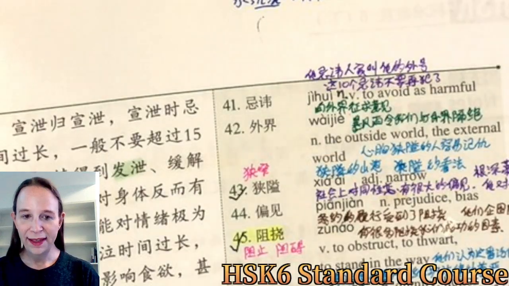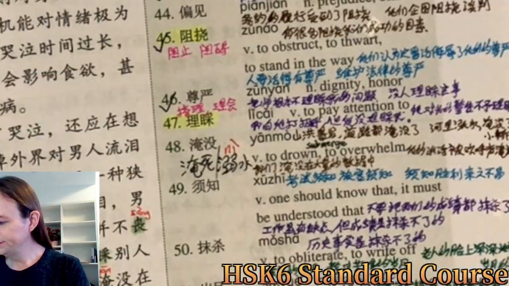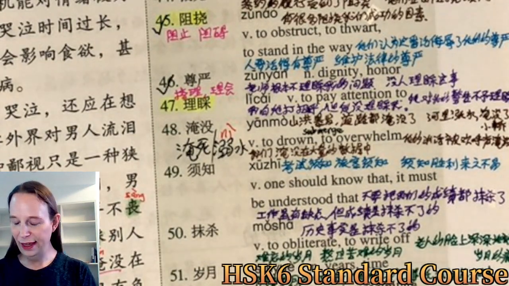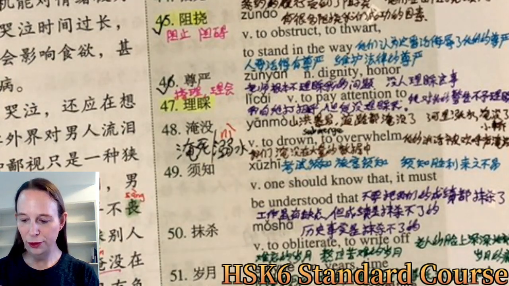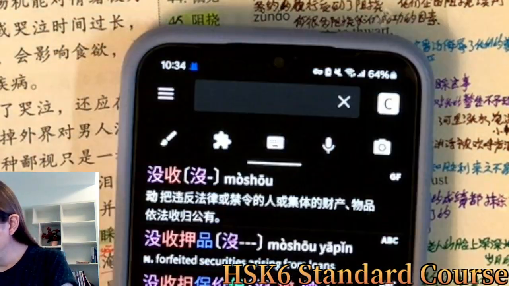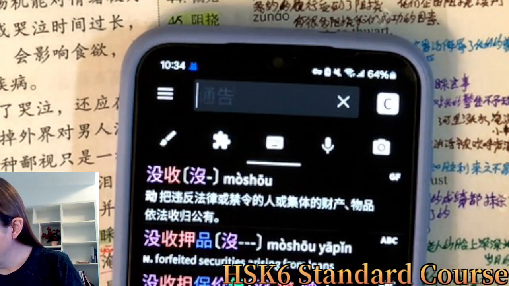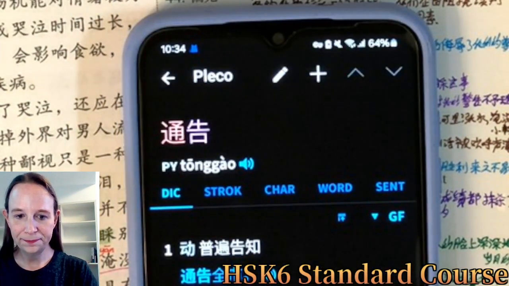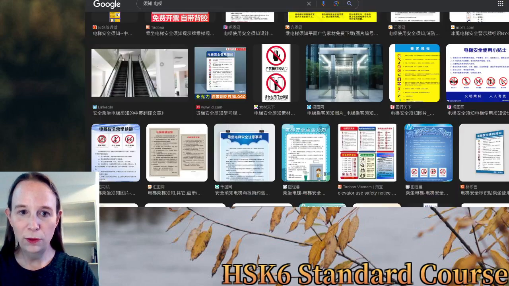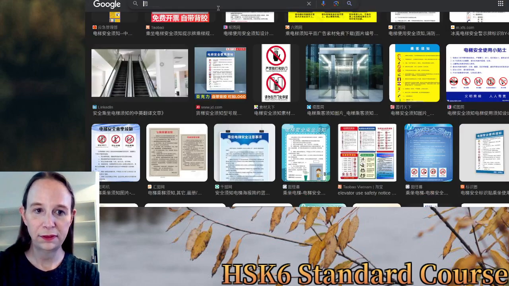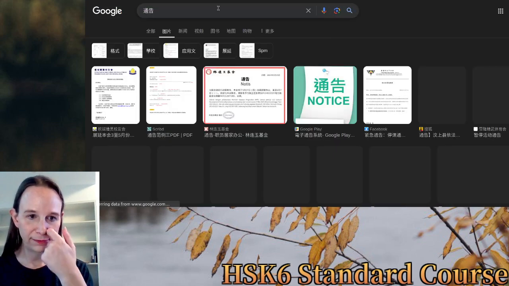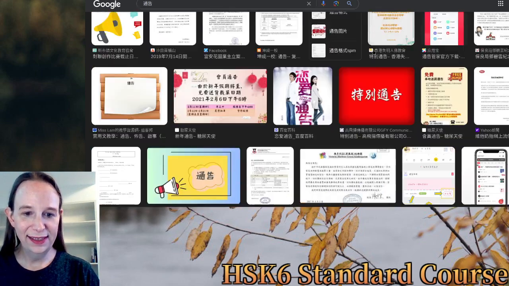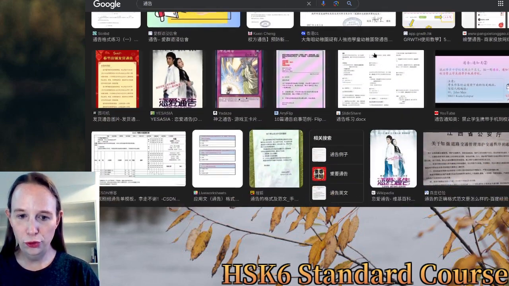须知. Usually it's a notice. Yeah, there's other words like 通告, is that right? 通告. You also see 通告. So yeah, this seems a little different to a 须知.